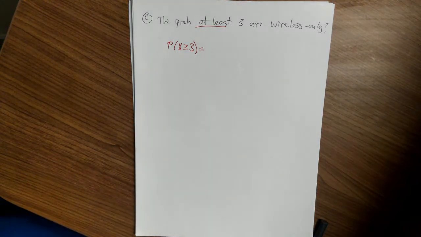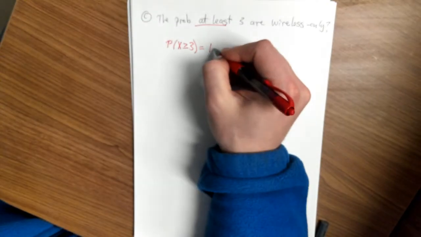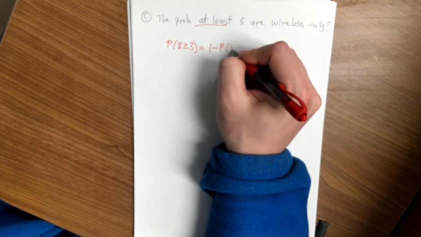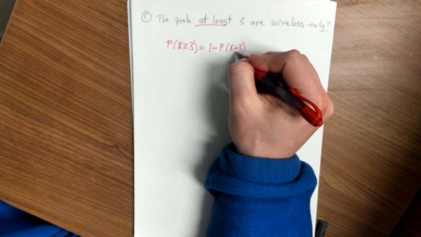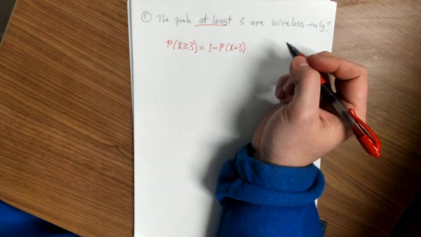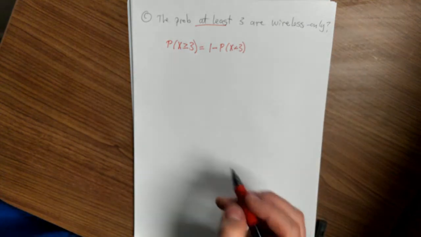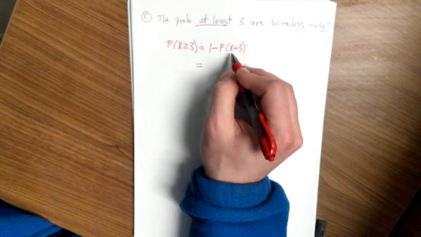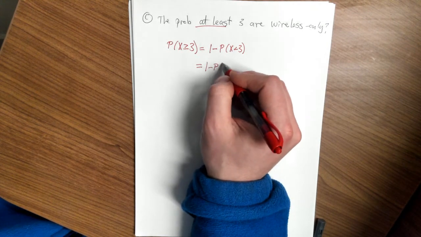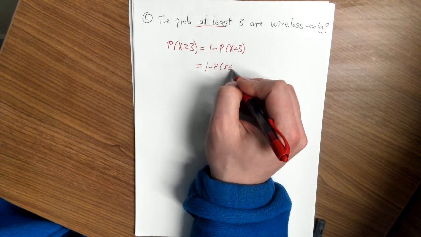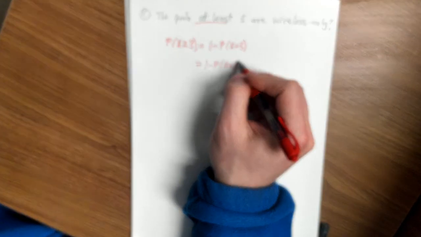What you do is 1 minus the probability of capital X is less than that number. And you want to make sure it's less than. Based on part B, when we have less than, we can change it to less than or equal, but we have to lower that number.